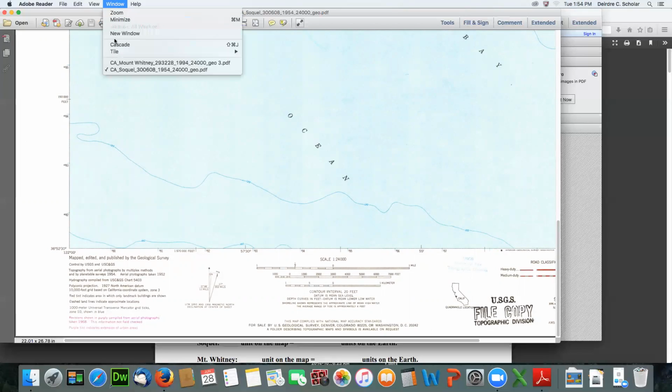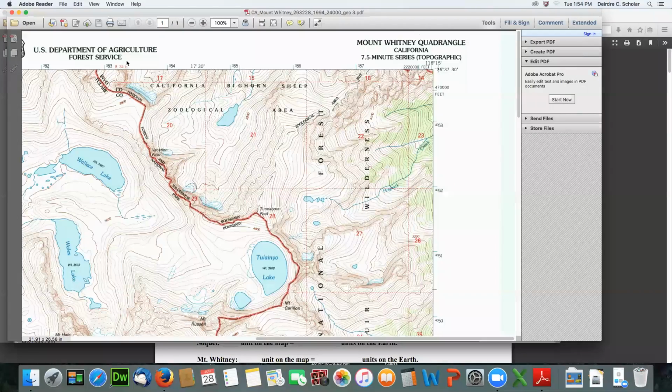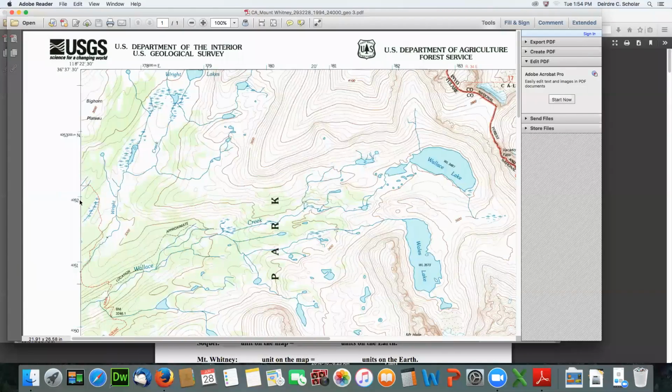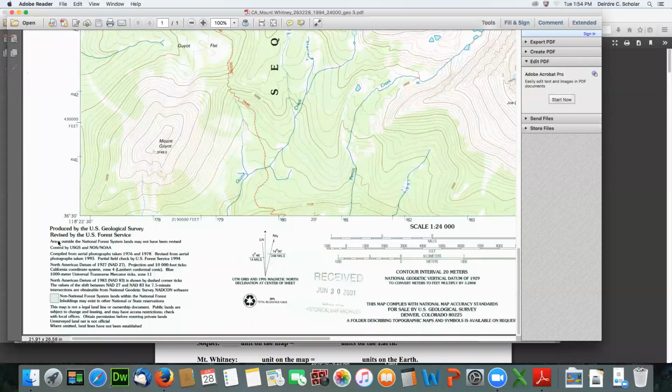When we take a look at the Mount Whitney quadrangle, again, we're going to find the projection information in that lower left-hand corner of the map. And here, it does say the word projection. And when you read through some of that sentence, you eventually get to the type of projection, which is known as Lambert conformal conic.